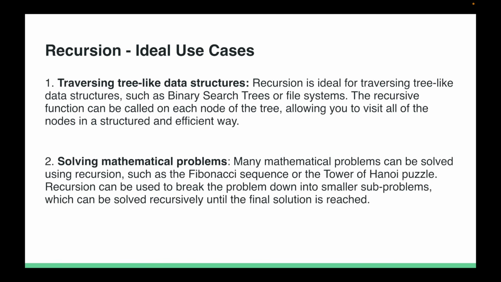So some of the ideal use cases of recursion are what we're going to see next, which is traversing tree-like data structures. Specifically, the next section is going to be about binary search trees. With binary search trees, you're starting with a node, and initially you're not exactly sure how far you're going, but you do have a base case, which is when you stop going through a binary search tree, when you hit a node that has no left or right node.